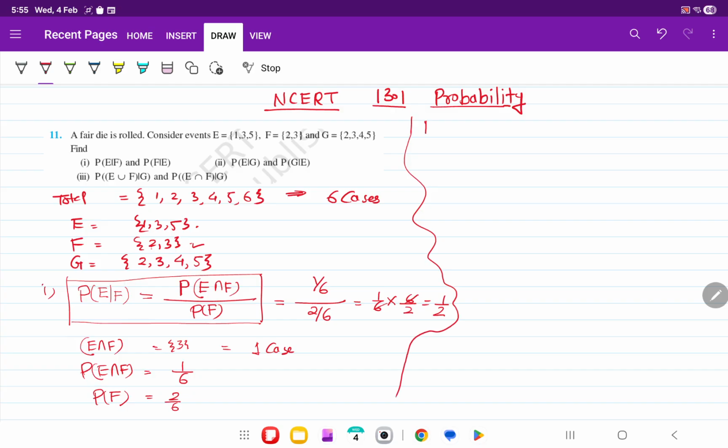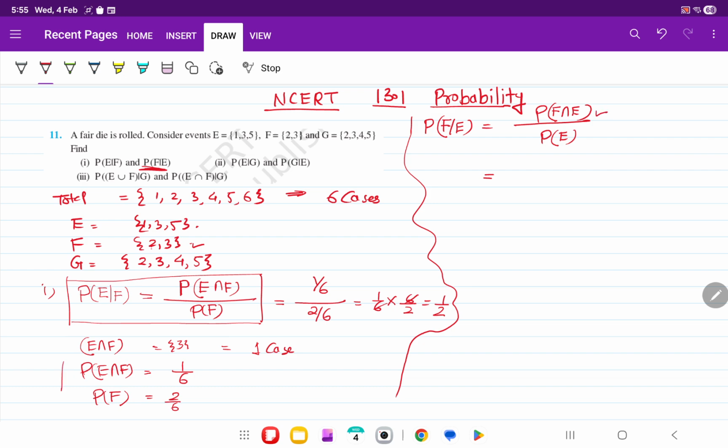Next they are asking the probability of F when E has happened. Same here, the other one. So it will be probability of F intersection E divided by the probability of E. The intersection we just did.